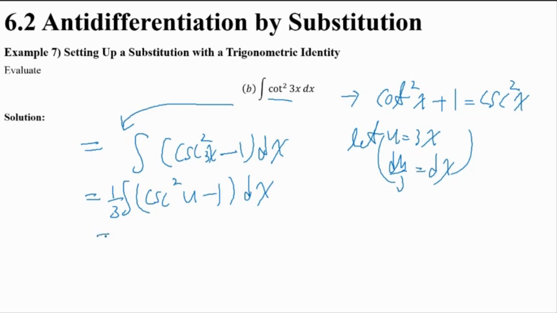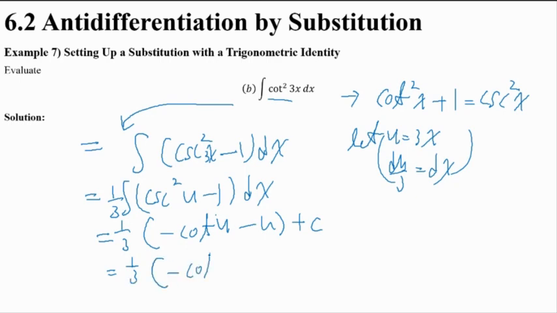Right now, the integral of cosecant square is negative cotangent u, minus u, plus c. Now substitute: 1/3 of negative cotangent u, where u means 3x, plus c.